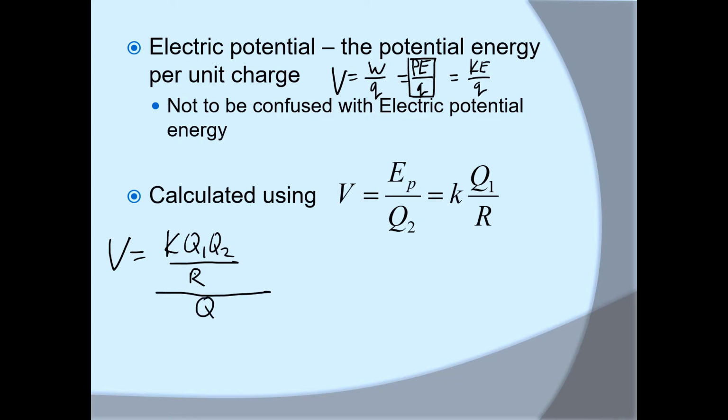It doesn't actually matter which one. This Q will cancel out one of these Q's because it means the same thing. So this is where we get the final equation of K Q over R.